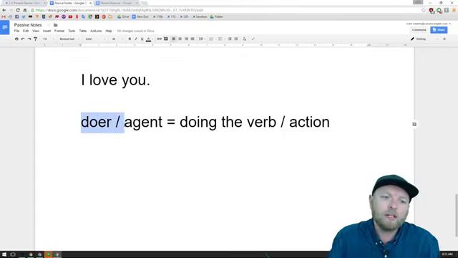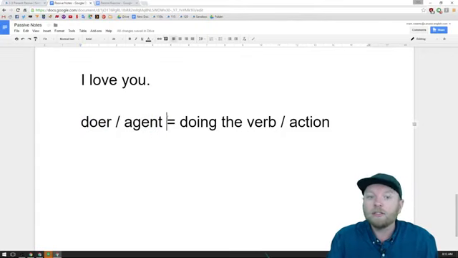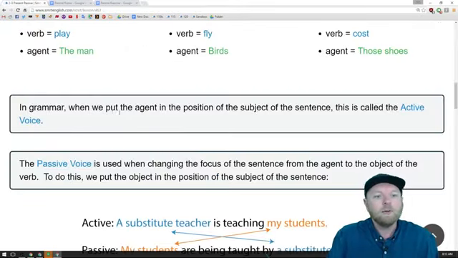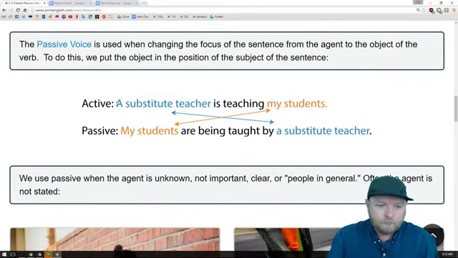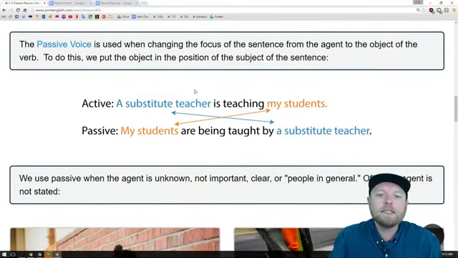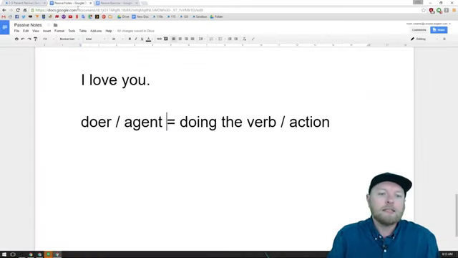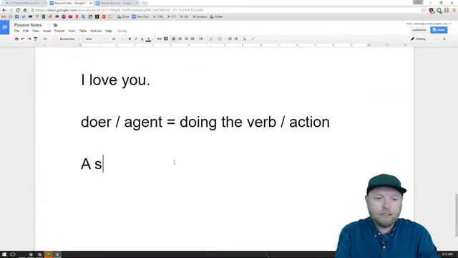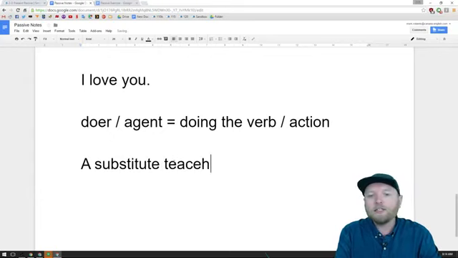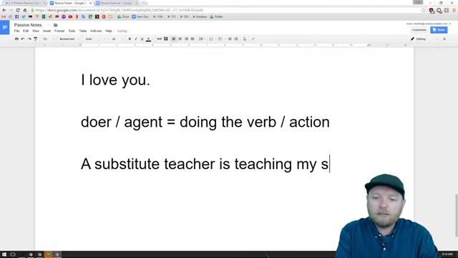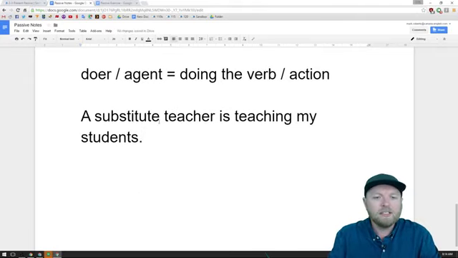So we talked about the doer, the agent. Okay. So here, a substitute teacher is teaching my students. What is a substitute teacher?